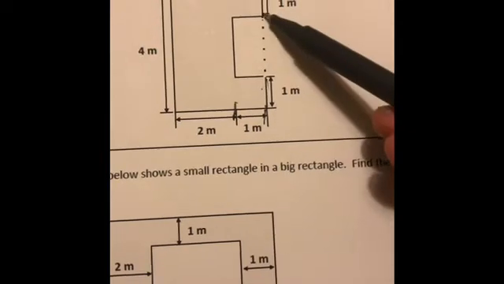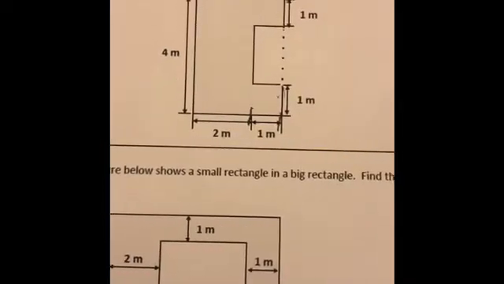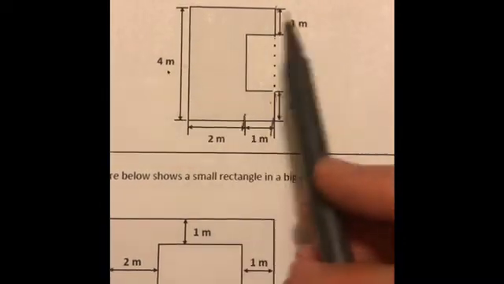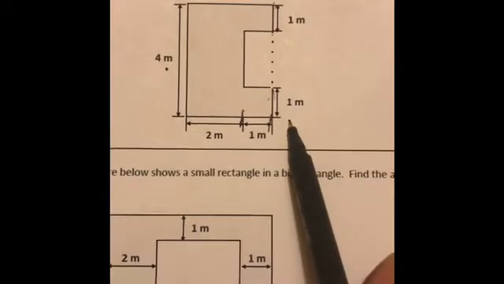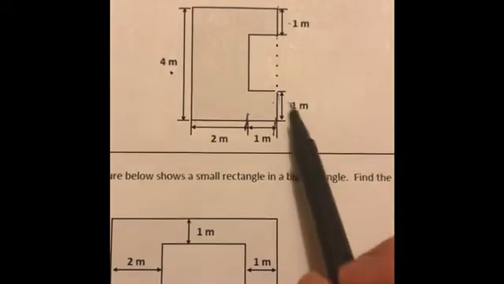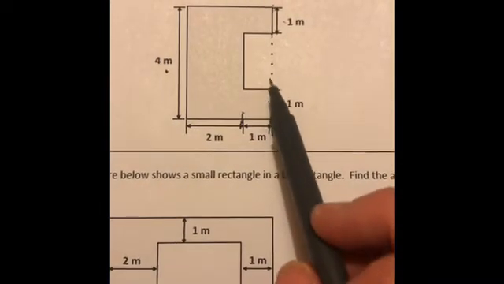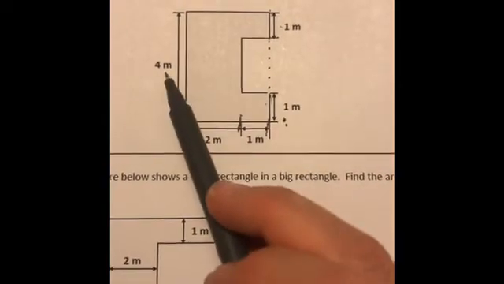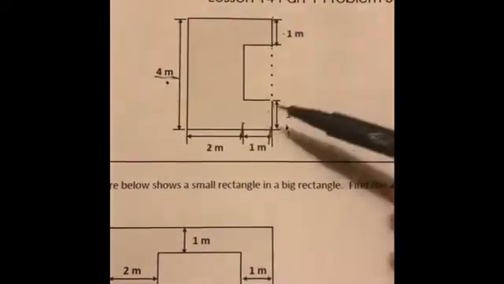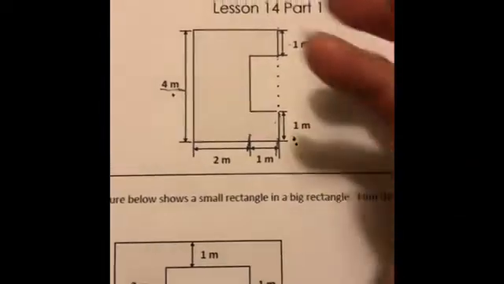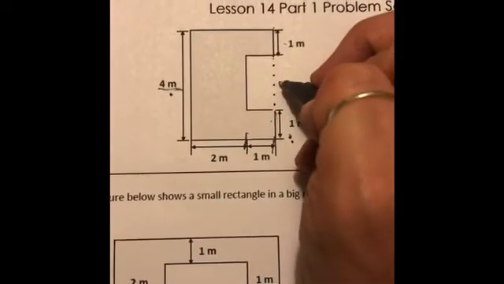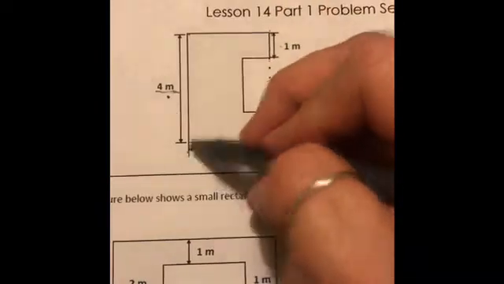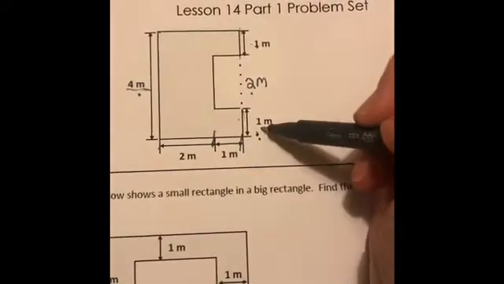How can you figure that out? Now, if you know that this is 4 meters, and this is 1 meter, and this is 1 meter, 1 plus 1 is 2, what does this have to be in order for that to be equal to this? 1 plus 1 is 2, so this must be 2 meters to equal the same length. 1, 3, 4.